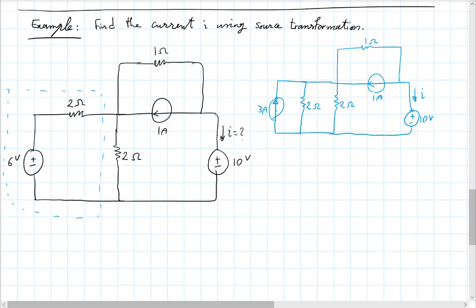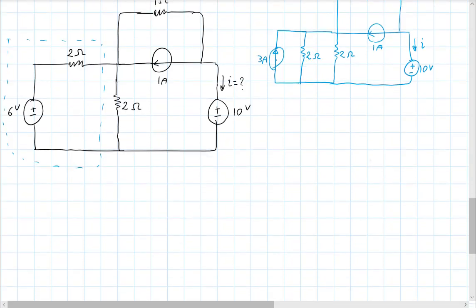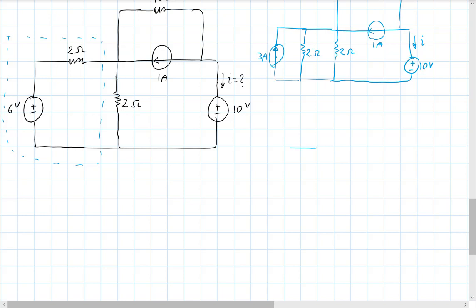Maybe as a quick excursion, if I had something like this, what is the Thévenin equivalent of this? This is a quick side question.